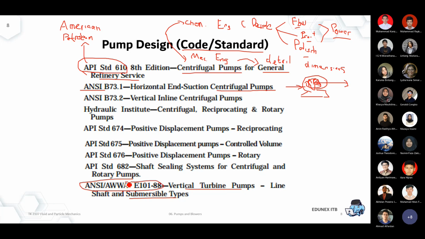So again, we will not talk in detail about this. It's just an introduction for you. Same thing with the API. The generic one is API 610, and when you want to use a reciprocating pump like a piston pump, then you should use API 674 and so on. The API itself sometimes is very loaded.